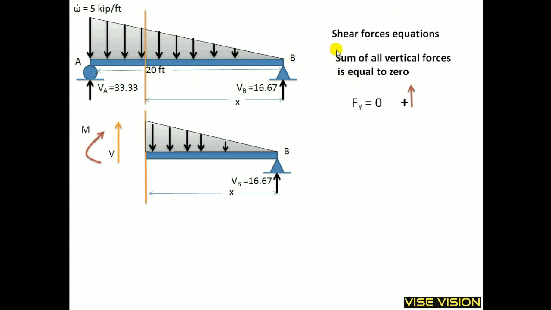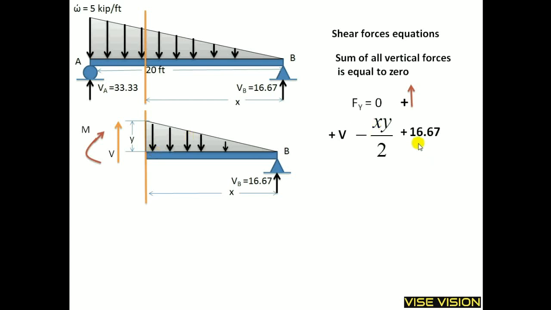And now I will write the shear force equation. Sum of all vertical forces equal to 0. The force acting upward is taken as positive, the force acting downward is taken as negative. V is acting upward over here. Only for this region I will apply the equation. V is acting upward, taken as positive, and the UVL, 2x divided by y, is acting downward, taken as negative: x into y divided by 2, because this UVL area is actually the force acting downward.